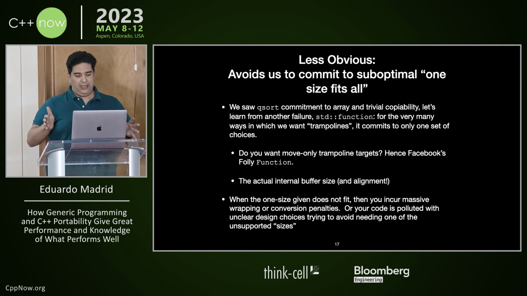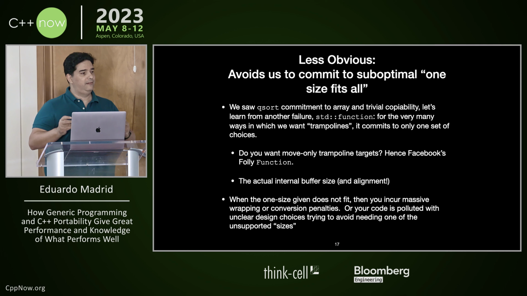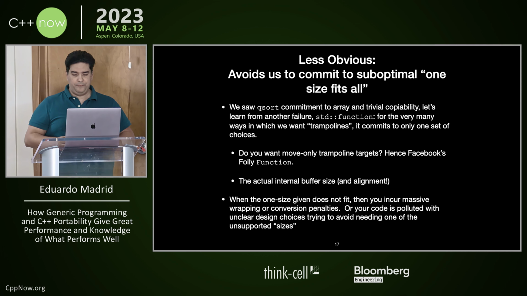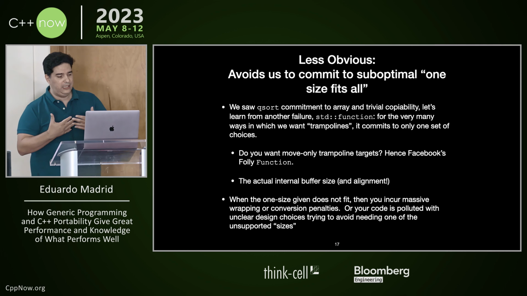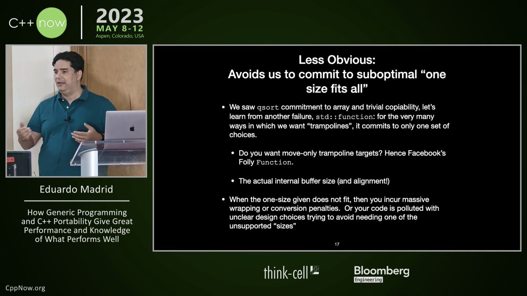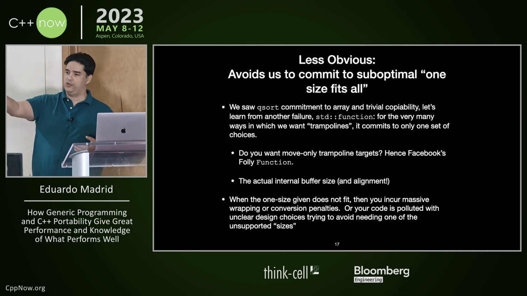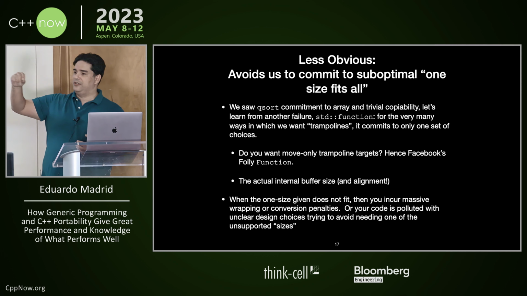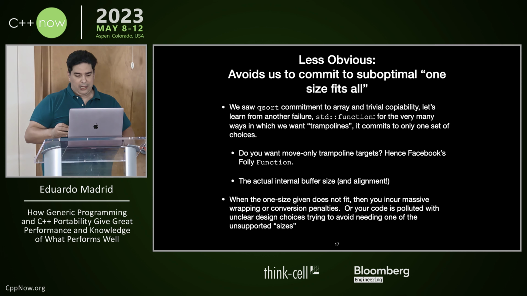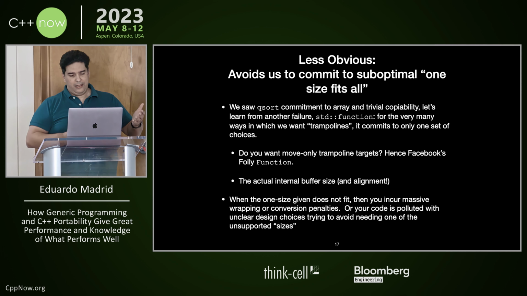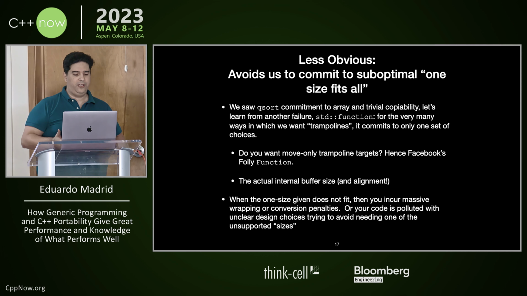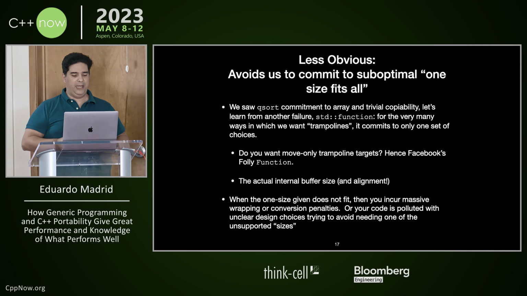And one example of that failure of design is, in my opinion, the design of std::function. Technically, a std::function is a trampoline, something that you jump to with the intention to jump further somewhere else, which is the target of the trampoline. There are many ways in which we might want trampolines, but it forces you to commit to only one set of choices, and there are other choices that make sense.